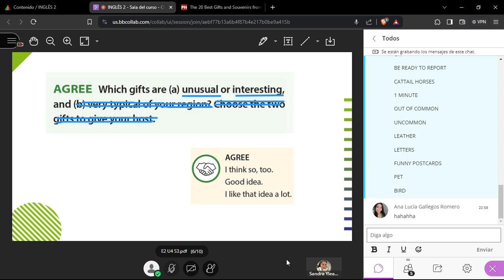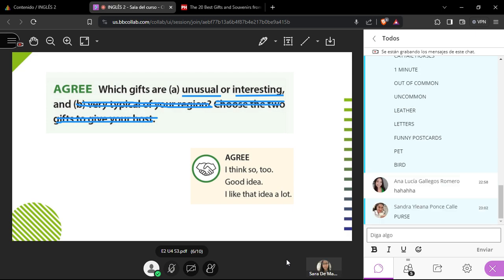Unusual gifts. Some years ago, a customer gave me a secret Japanese box. It's like a puzzle. Yes, it's a puzzle box.